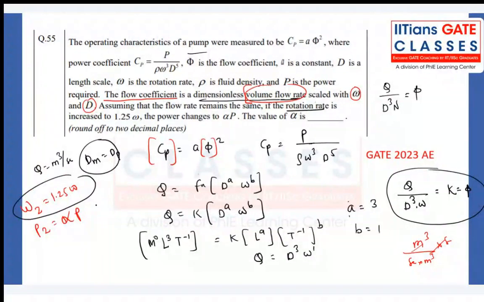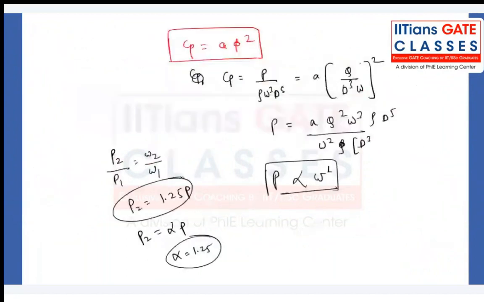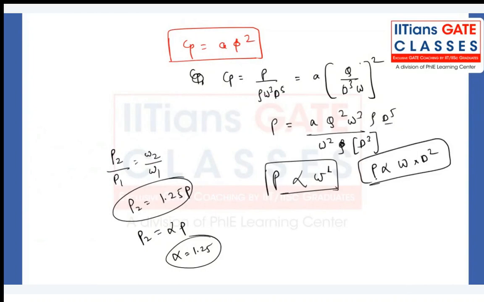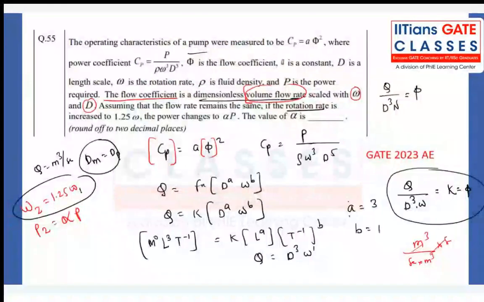So we cannot make any comment based on D. Otherwise, the pressure would be directly proportional to omega into D square. But they have not said whether the diameter has changed. So we take the diameter of model equal to the diameter of prototype, or D1 equal to D2. Here we denote it by 1 and 2, right? So omega 1 is omega. Understanding what I'm saying?